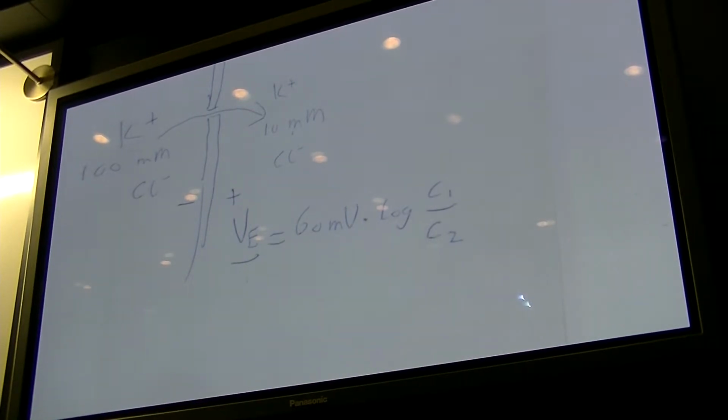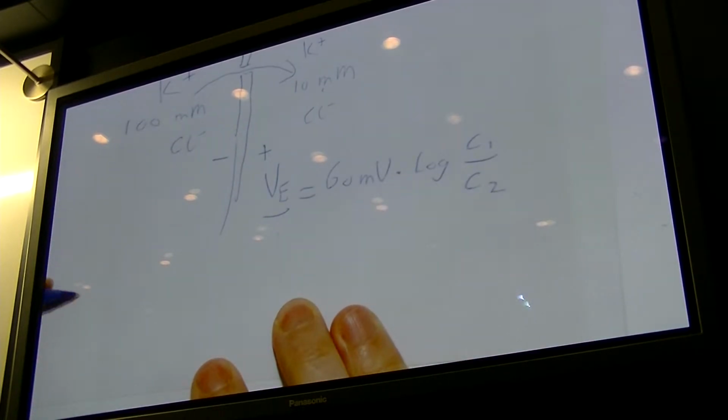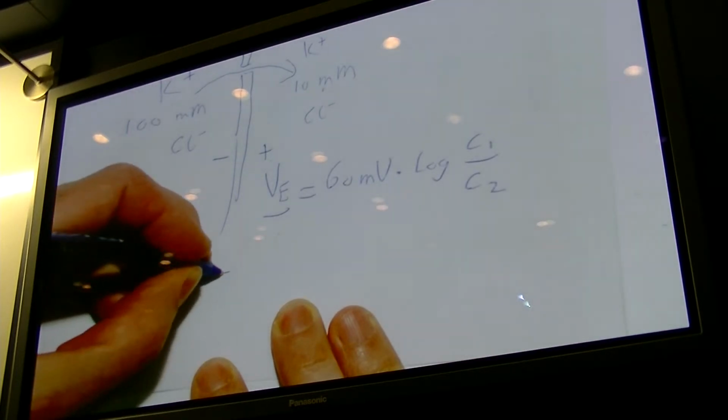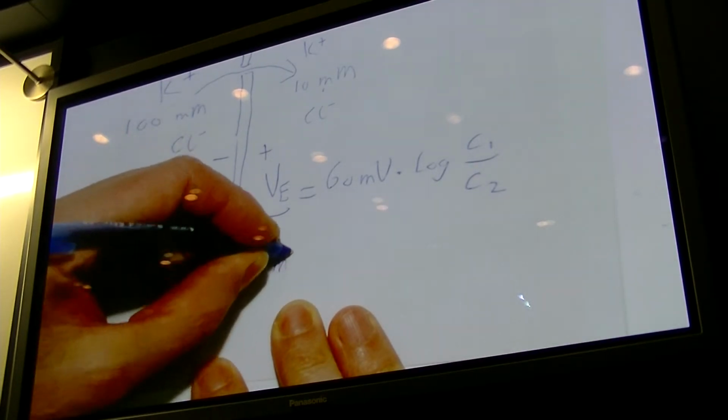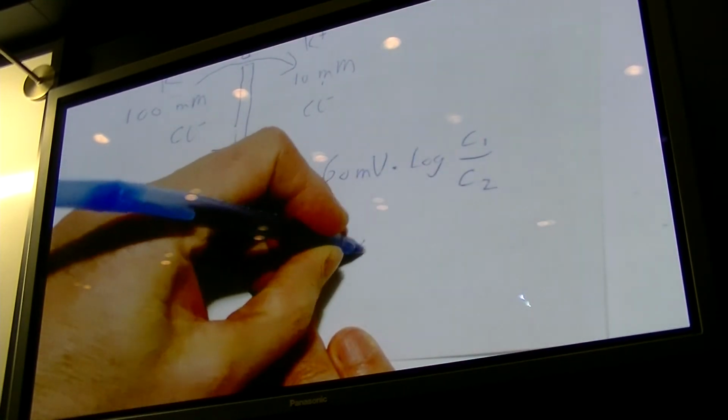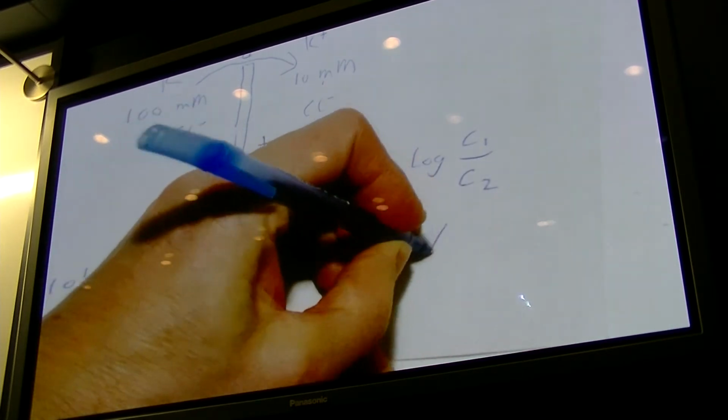So now what we have seen is that 60 millivolts is also an amount of energy that can be equated to a 10 to the first concentration ratio. So a 10 to the first concentration ratio equals 60 millivolts. But we've also seen that this equals, in magnitude, 1.4 kilocalorie per mole.